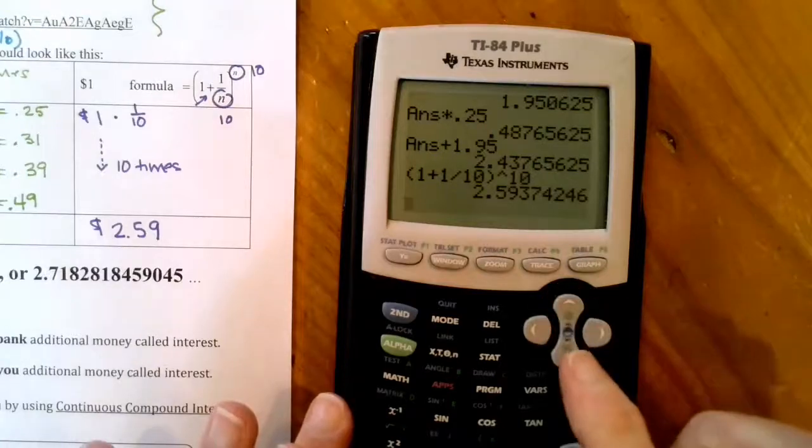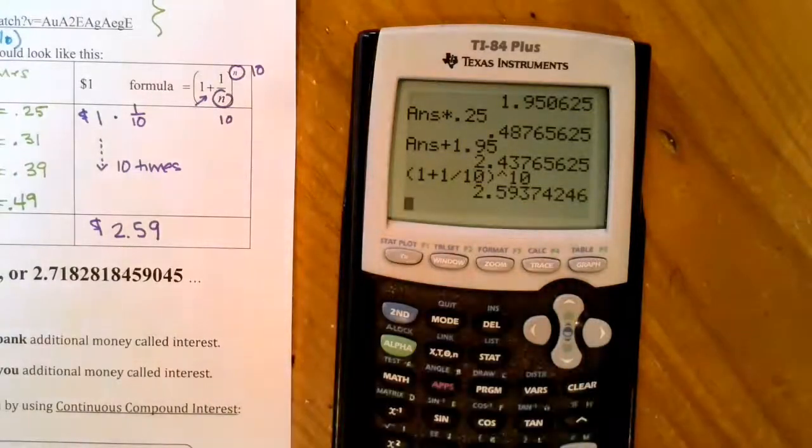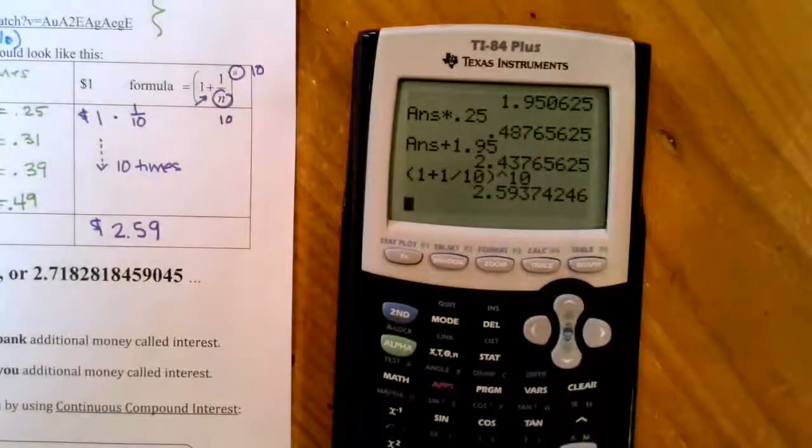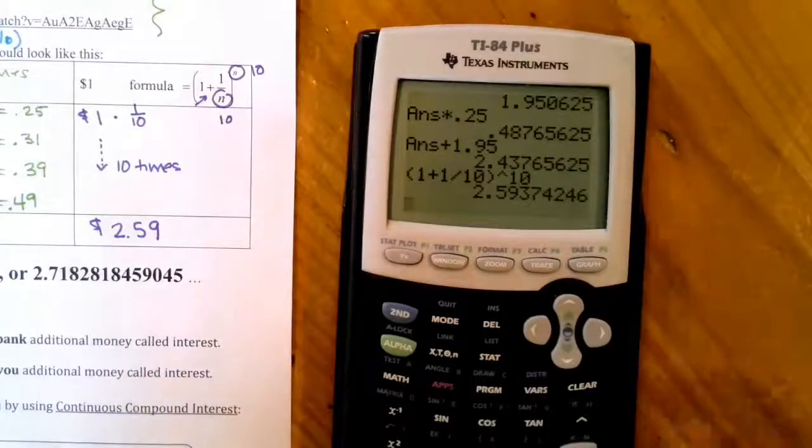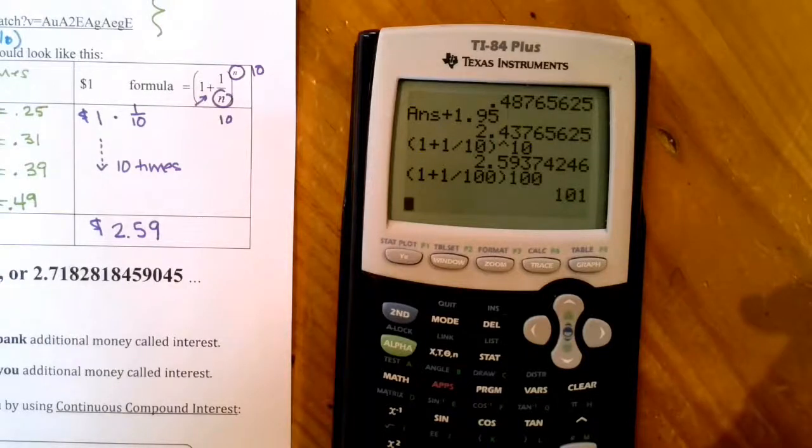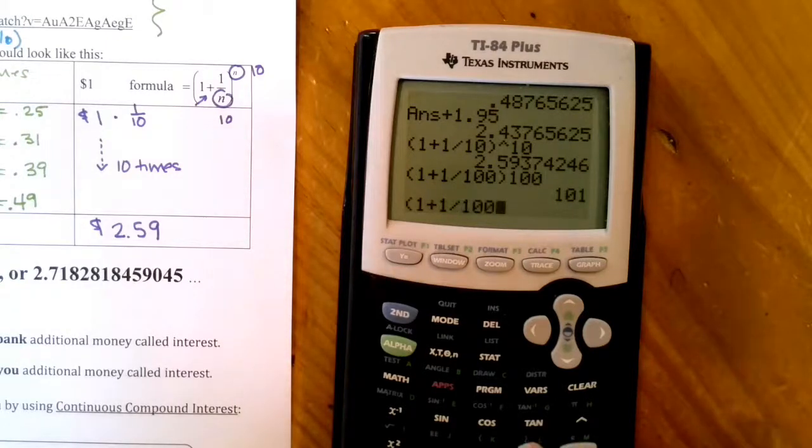So then people, like, again, are crazy greedy. So with your calculator, you can come up and copy this formula. So now what if I want to say, okay, go ahead, do 1 plus 1 divided by 100 to the 100th power. Oh, I forgot my exponent. 1 plus 1 divided by 100 to the 100th power.